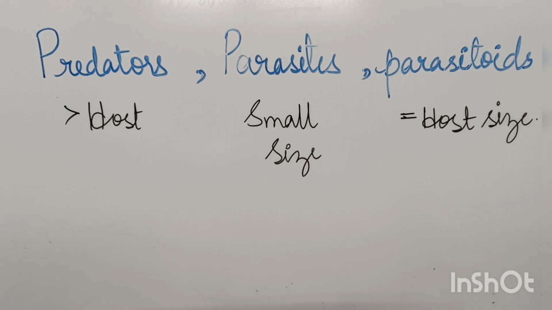These feed on the eggs of Lepidoptera. And next is Telenomus species, used against the red hairy caterpillar. These Telenomus species feed on the eggs of the caterpillar.